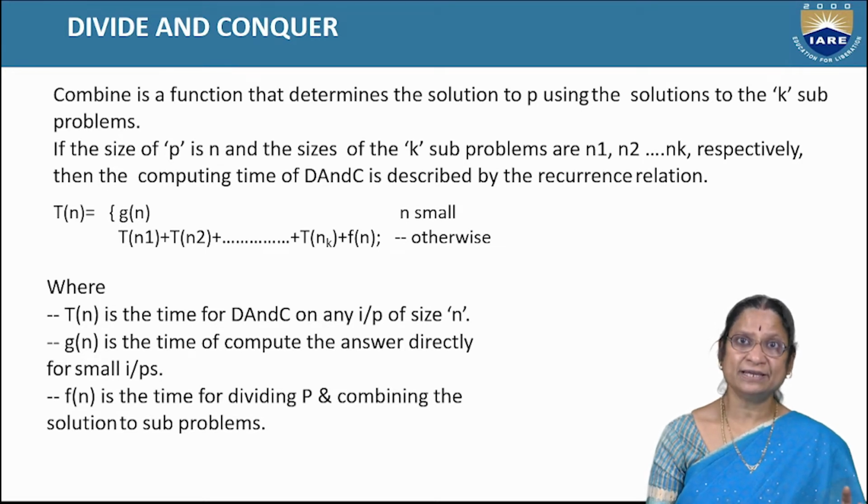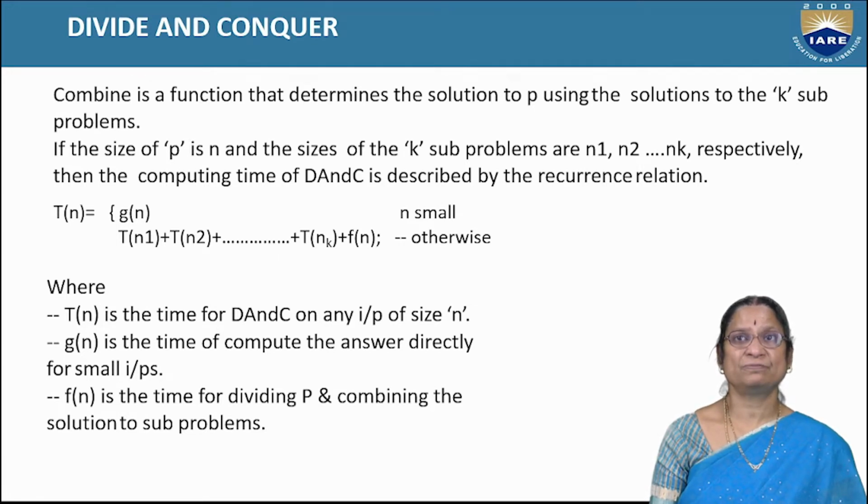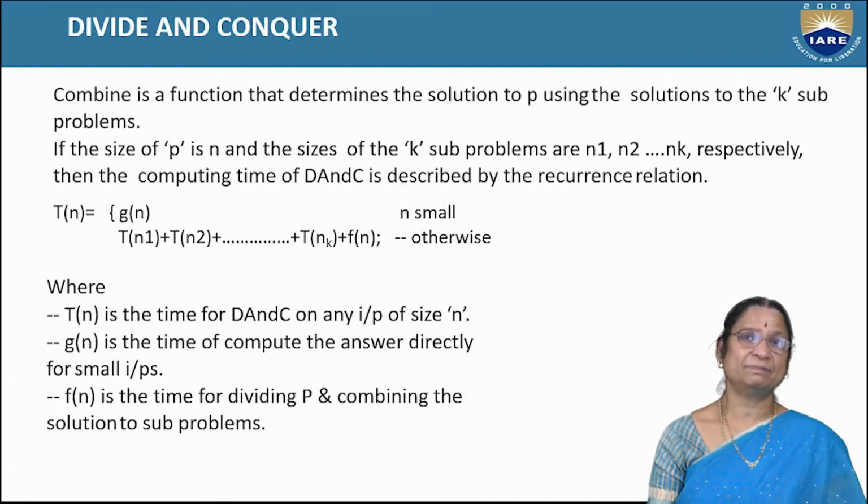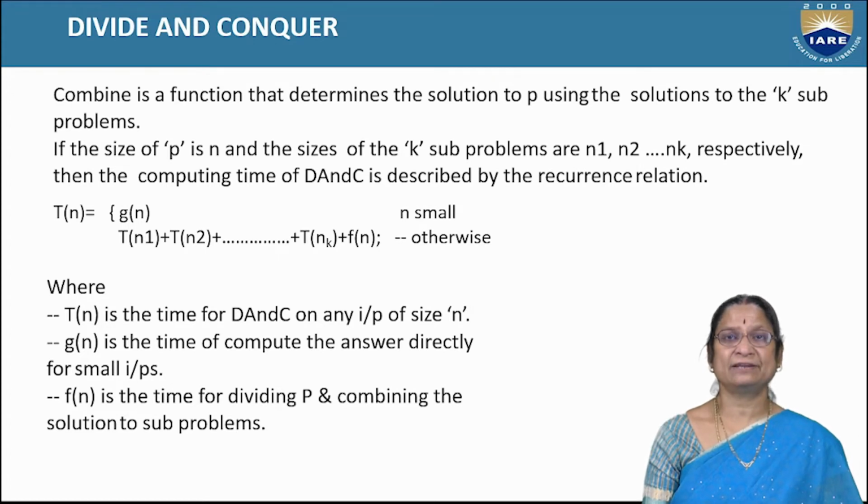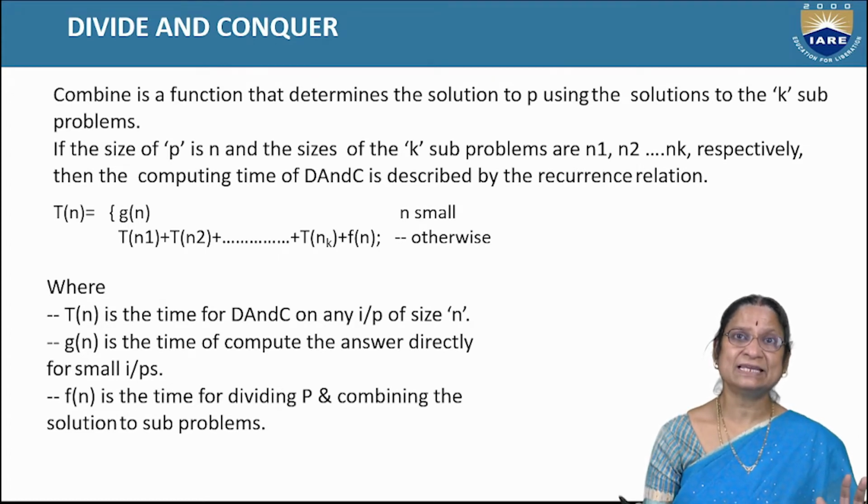As I explained earlier, an algorithm can be written either by using a recursive procedure or an iterative procedure. But most of the time in designing algorithms, recursive procedures are used by us. If a recursive procedure is used in an algorithm, then that particular algorithm can be described by using a recurrence relation.